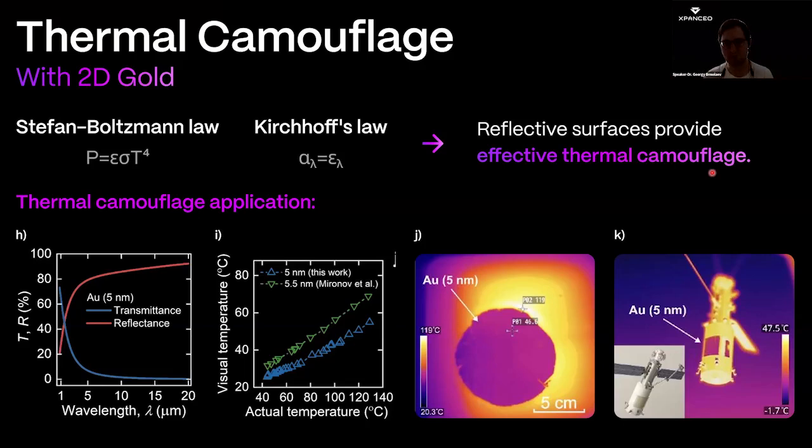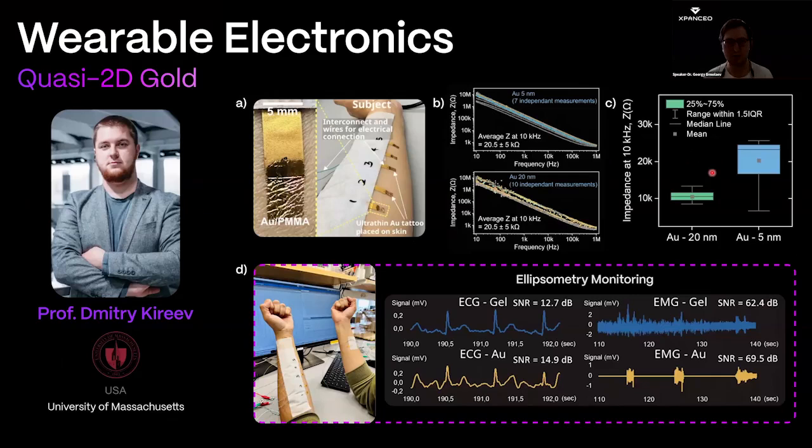And another application of this two-dimensional gold is wearable electronics. So basically, you have probably heard that now it's very popular to place some electrodes on your hand. Actually, this is how electrocardiograms are measured, but doctors usually use a gel, with silver chloride.